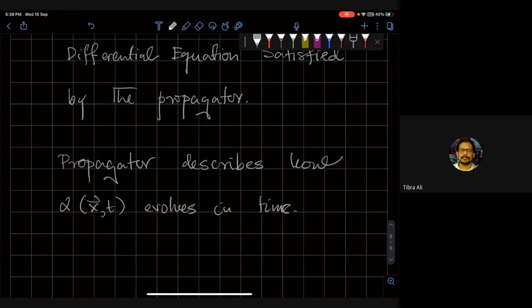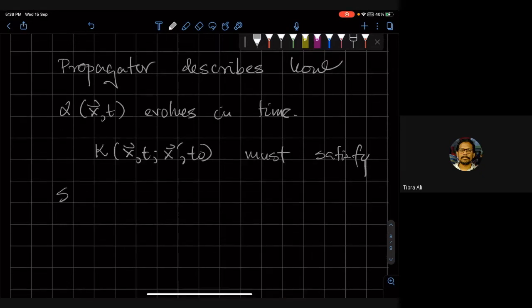And therefore, K of x, t; x prime, t0 must satisfy the Schrodinger equation.